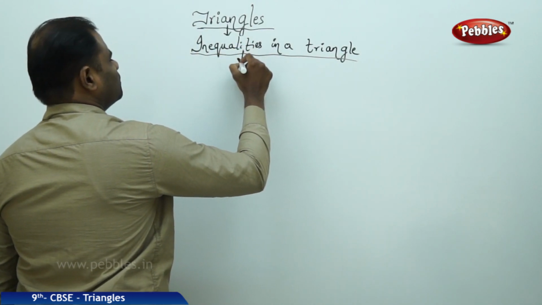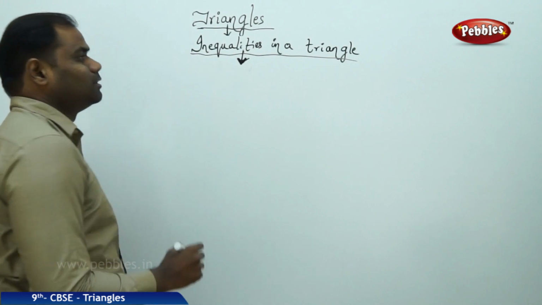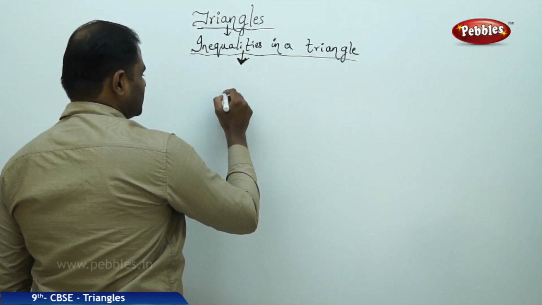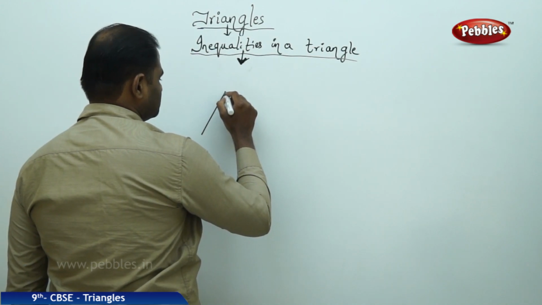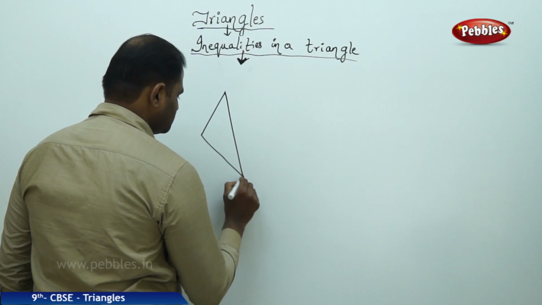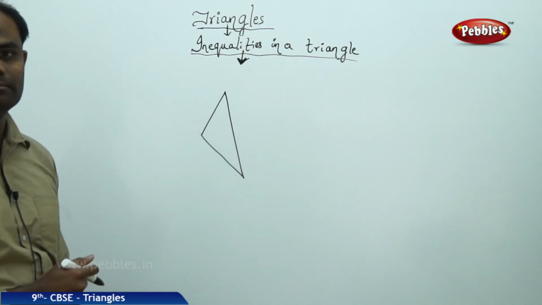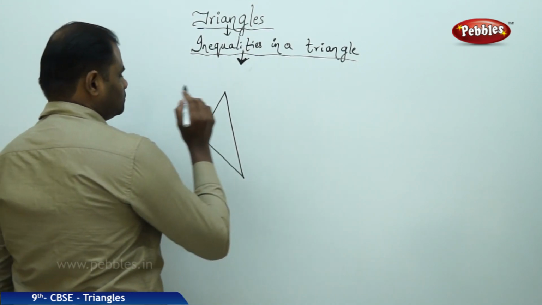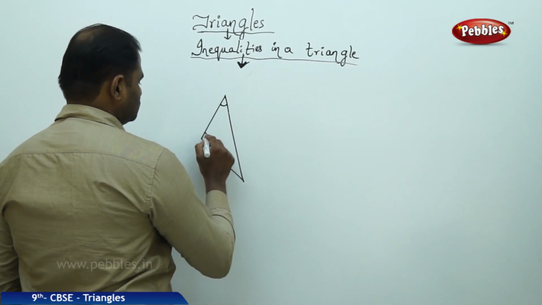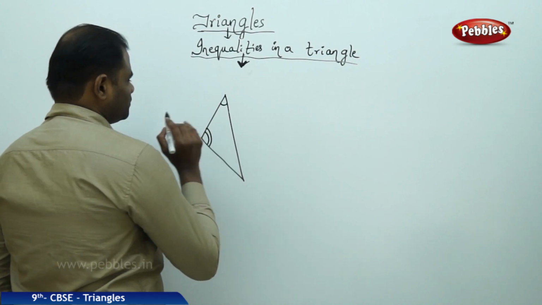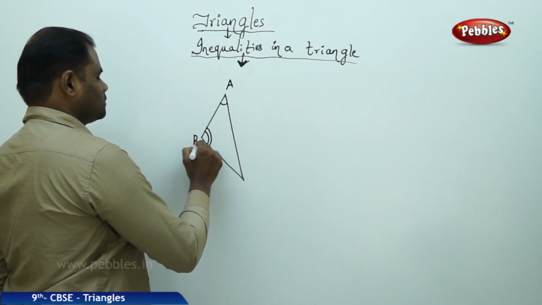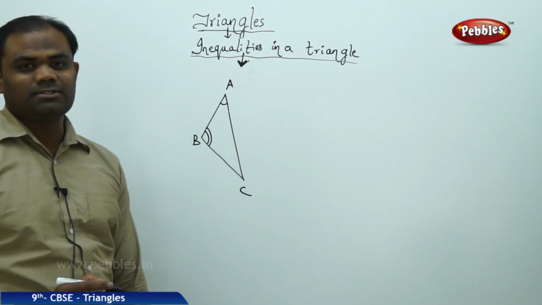So let's see how we can connect inequalities in a triangle. Imagine I have a triangle out here. Then let's take the case of the triangle ABC.